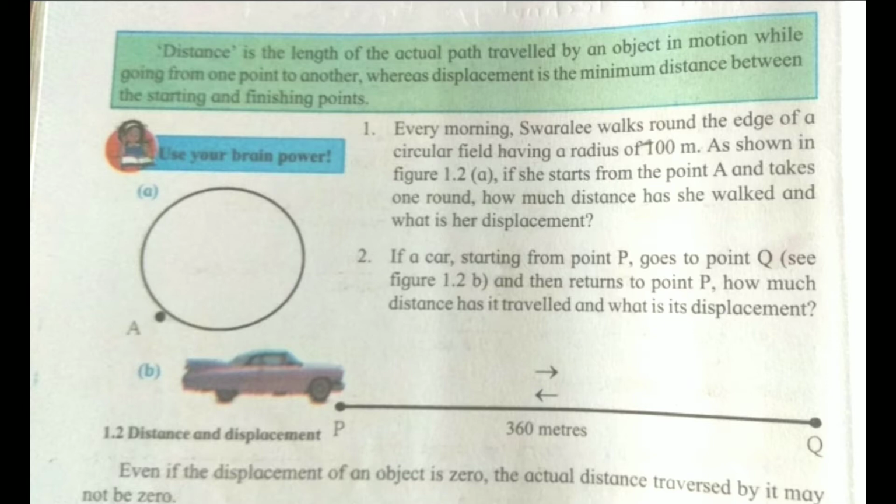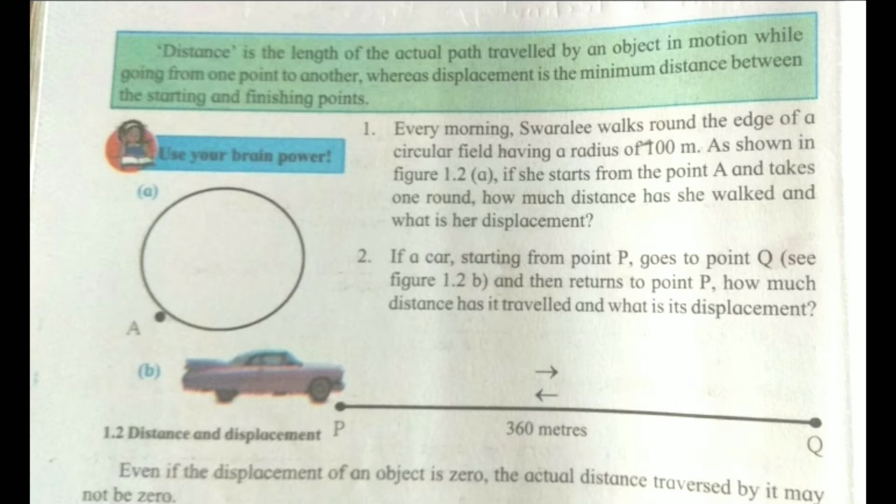But displacement is the difference between the starting position, point A, and the ending position, also point A. Then the displacement is 0, but the distance, the total path traveled by Swarali, is 4500 meters.